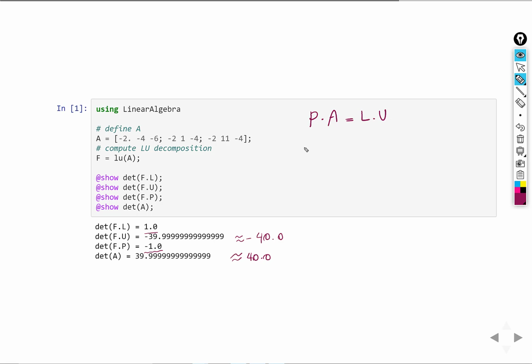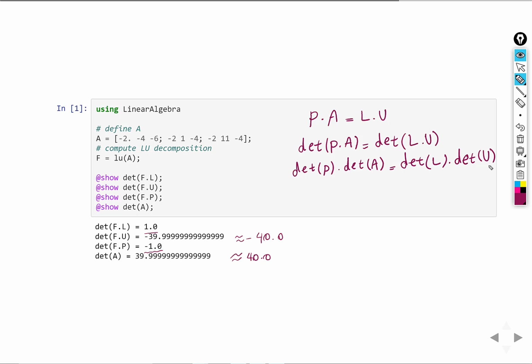Now if we take the determinant of both sides, and use the fact we learned, we write this as the determinant of P times the determinant of A equals the determinant of L times the determinant of U. So when a permutation matrix is involved, we need to take that into account.